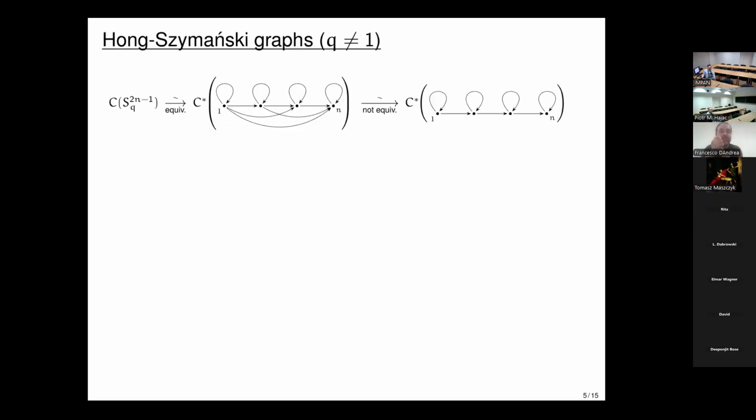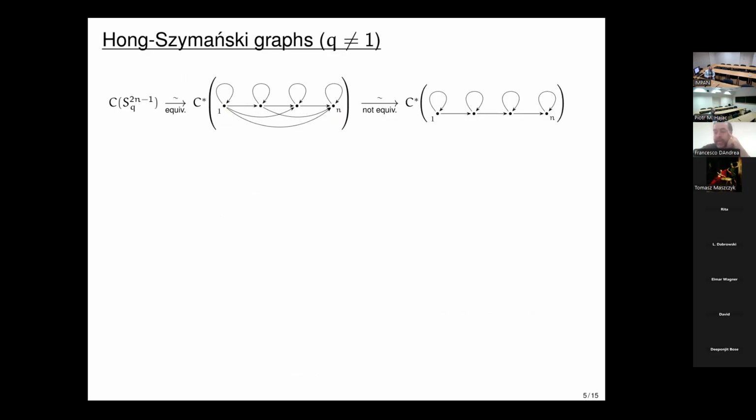These are the graphs in the Hong-Szymanski paper. You have your C*-algebra of the 2n minus 1 dimensional quantum sphere. And in their paper, they construct an explicit equivariant isomorphism with the graph C*-algebra of the graph that you see in the picture. In the picture, you see the graph with 4 vertices, n is equal to 4. But in general, you have n vertices. At every vertex, you have a loop.